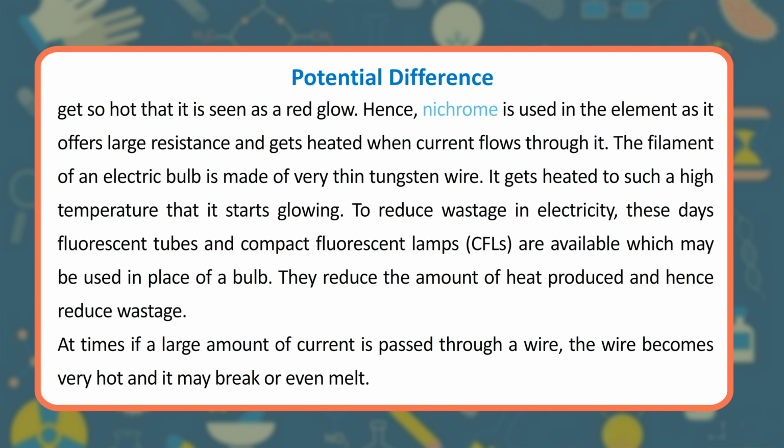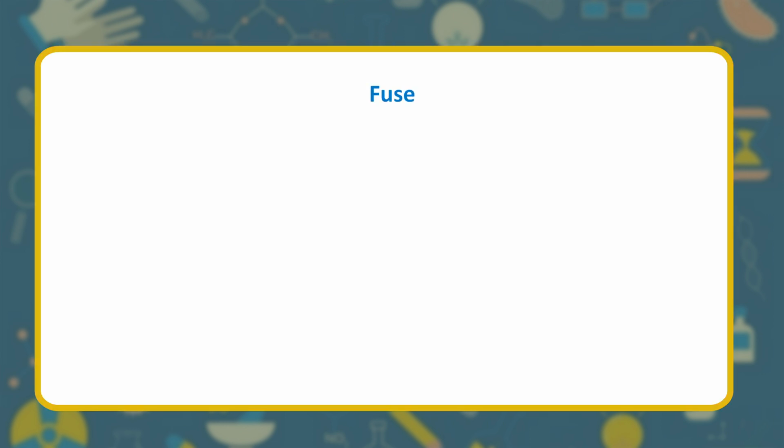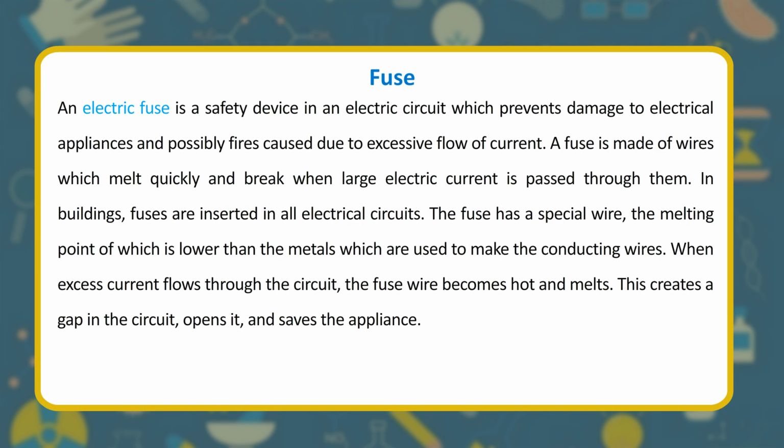At times, if a large amount of current is passed through a wire, the wire becomes very hot and it may break or even melt. Fuse. An electric fuse is a safety device in an electric circuit which prevents damage to electrical appliances and possibly fires caused due to excessive flow of current. A fuse is made of wires which melt quickly and break when large electric current is passed through them.